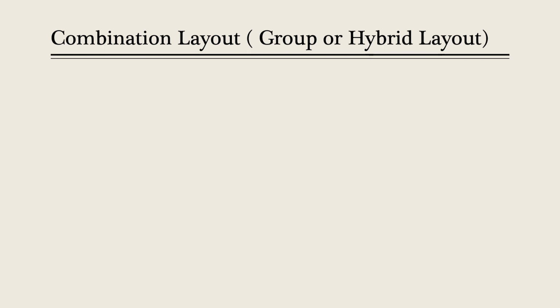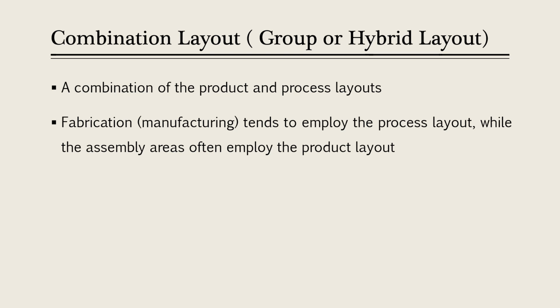Therefore, most industries are using a combination or hybrid layout. In a combination of product and process layout, fabrication areas tend to employ the process layout while the assembly areas often employ the product layout. This will provide more flexibility.